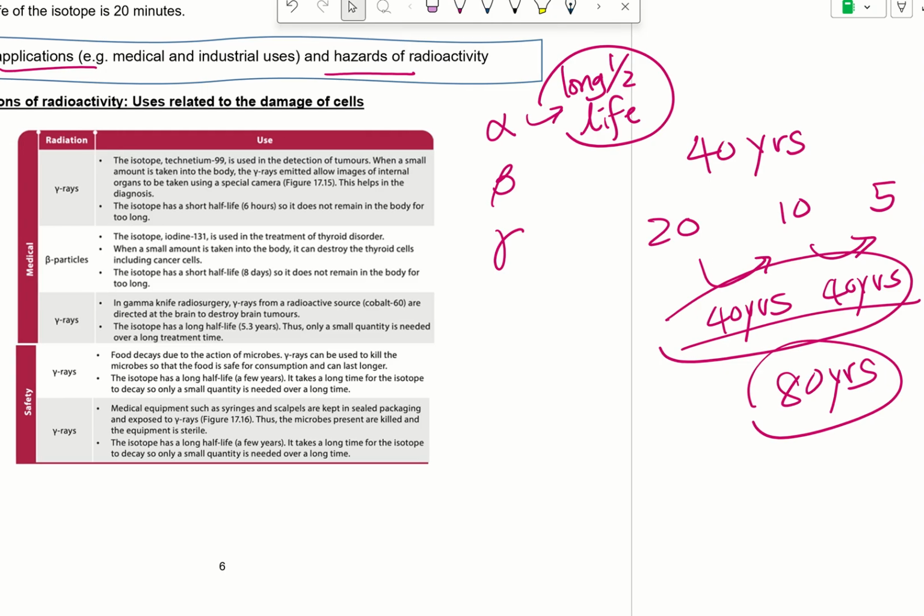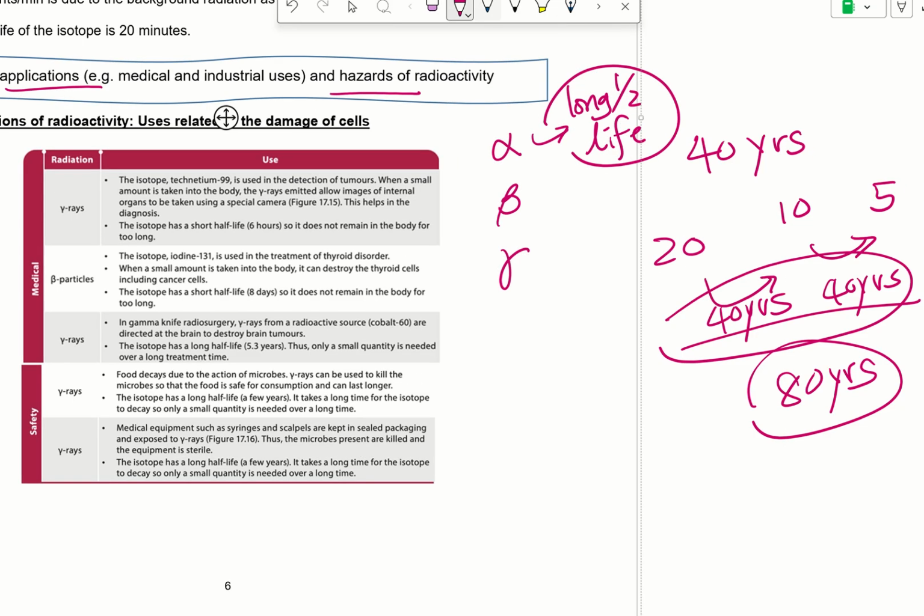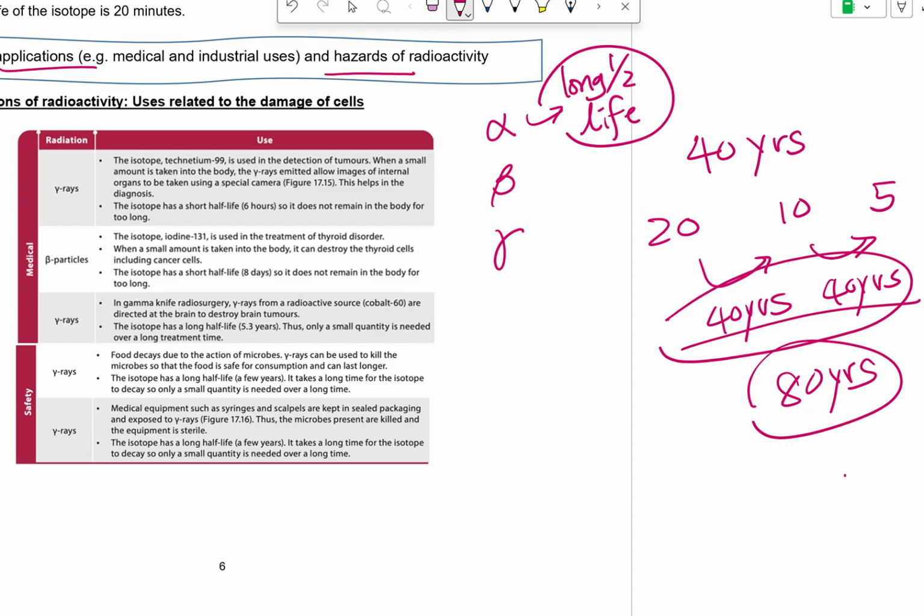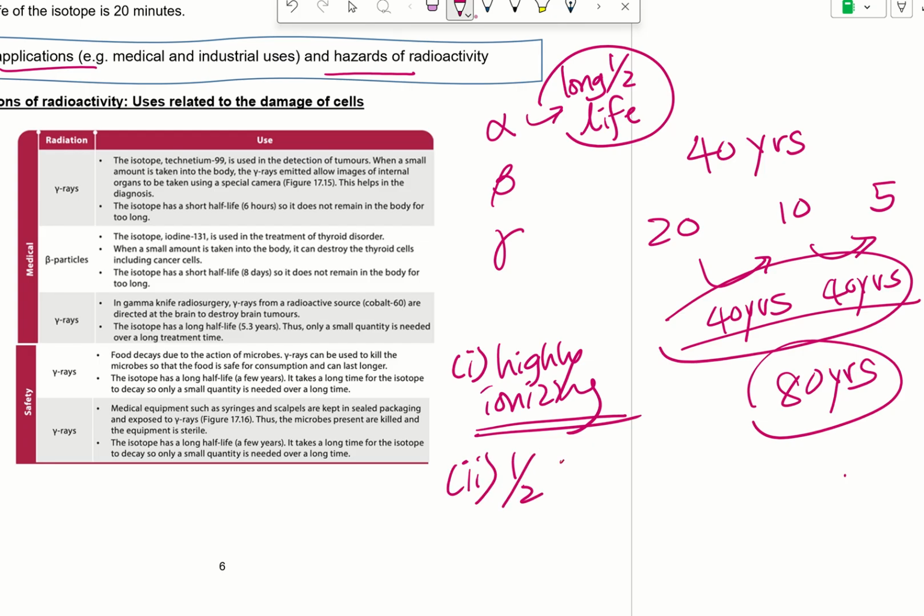So firstly, they must make sure that it is their choice. Under the application is whether it is highly ionizing. Do I need it to be highly ionizing? If I don't need it, then I'll choose the not so ionizing kind of radiation. Next thing I need to consider is the half-life. Let's say I use a certain radiation for cancer treatment.